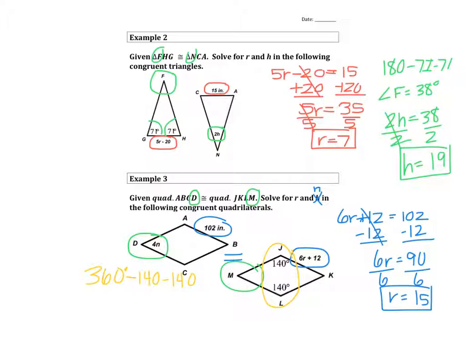So now I'm down to, so 360, take away 140, take away 140 again, I'm down to 80 degrees. Now, this angle D is not 80 degrees, but we have to split it between two angles. So that means 80 divided by 2 would make each of these angles 40 degrees. So now I have 4n is going to be equal to 40 degrees. Divide by 4, and this is it, guys. Grand finale, n is equal to 10.